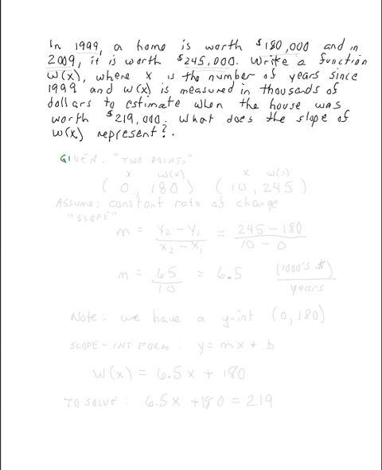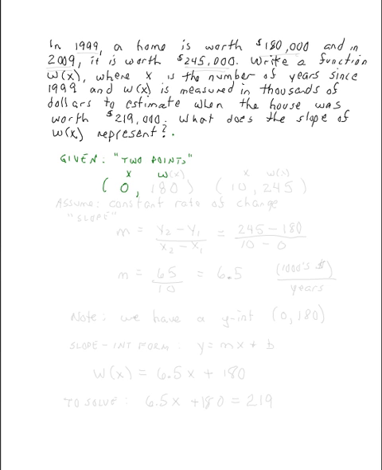So first, we need to take a look at what information we're given. Here, we're given two data sets. If you want to think about it, what they've given us is 2 points. Now, we have to be careful. x here is the number of years since 1999. So in 1999, our x value must be 0, since no time has passed since 1999.